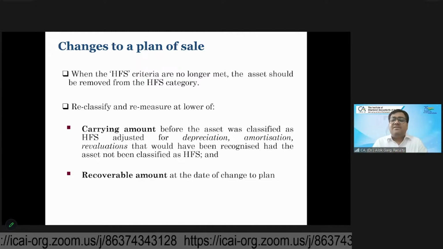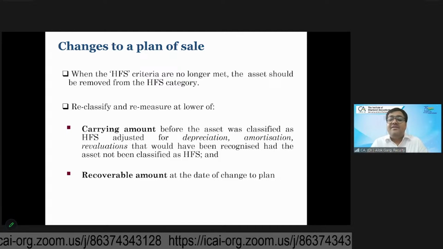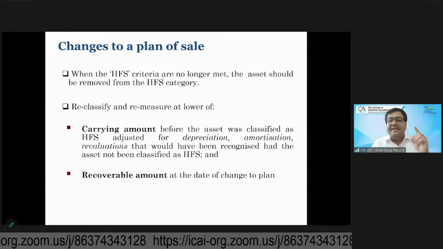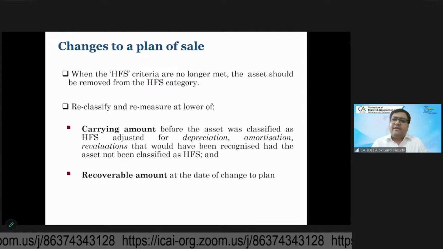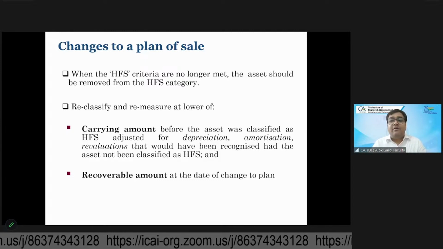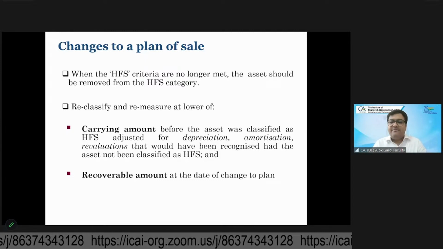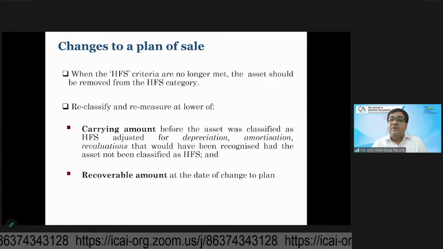And the company decided to sell one of the factories in September 2019, before COVID came. And the company classified that factory as held for sale. Correct?